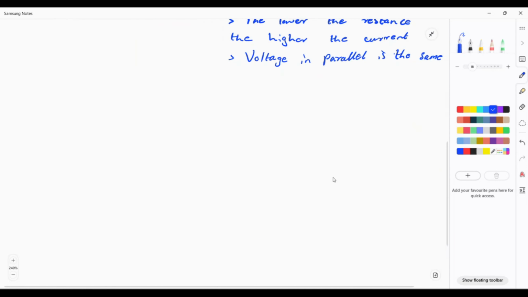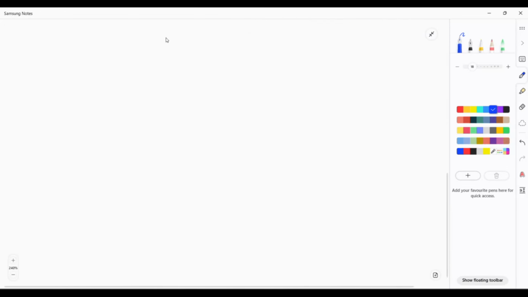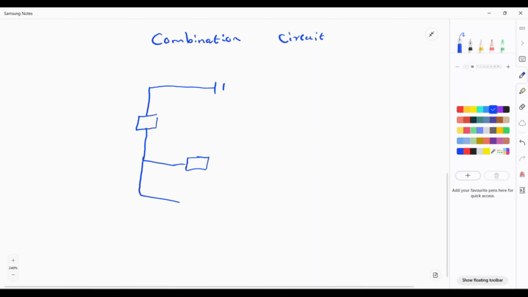But what about a combination circuit? This is where it gets weird. So in a combination circuit, let's say we still have the same circuit, and here we have that one, and here we have this one, and we also have this one over there, just like that.